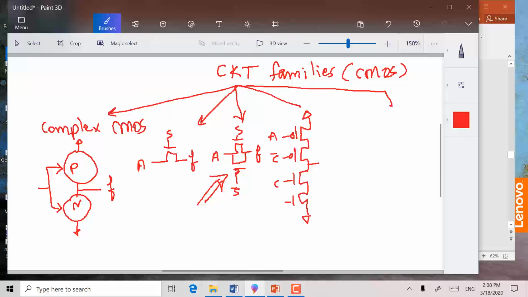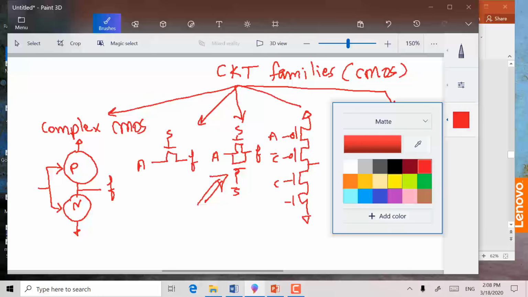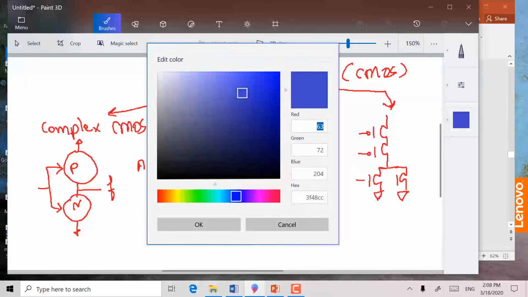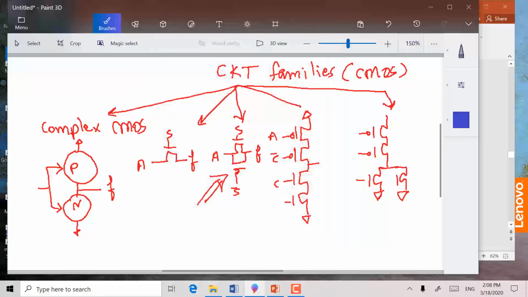Then today we will cover other types of circuit families that try to minimize the load and the size of the PMOS network. Let's say, for example, you have a NOR gate here. These methods try to remove this PMOS network.